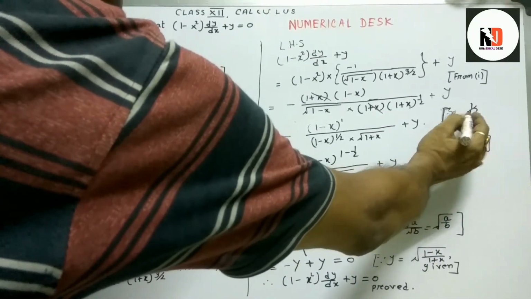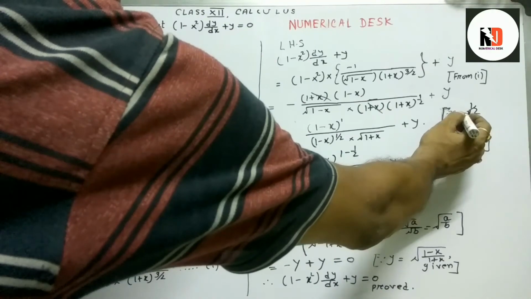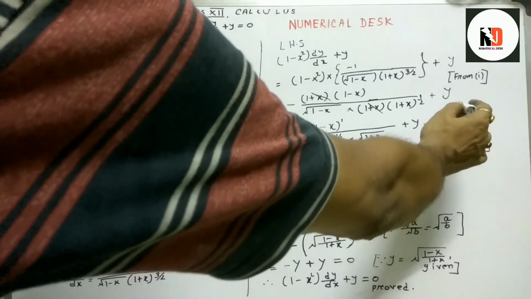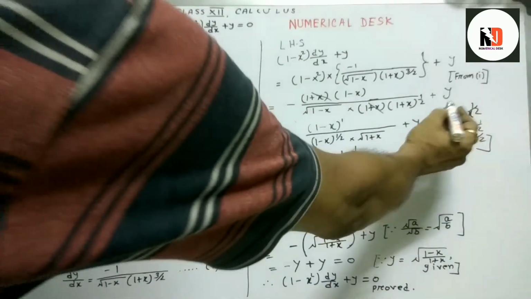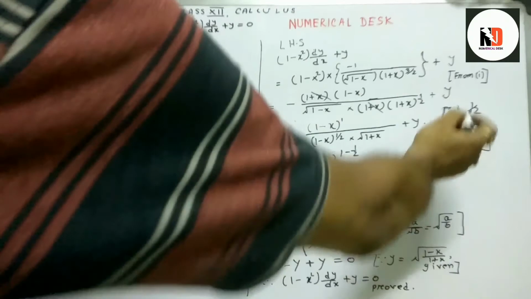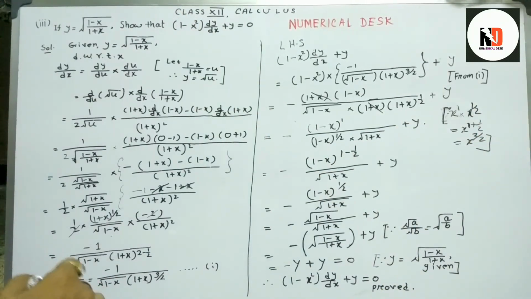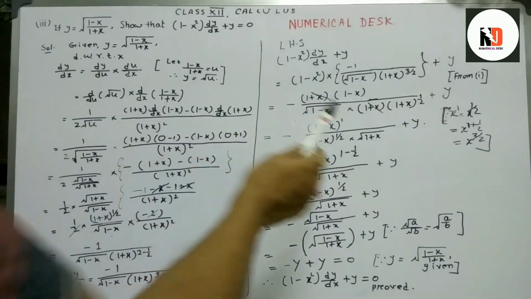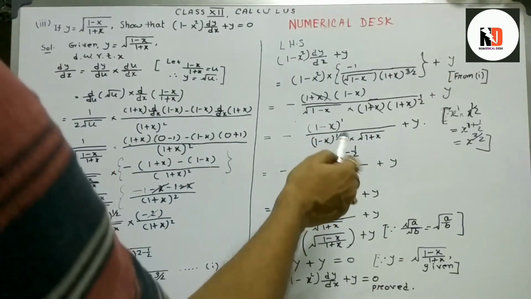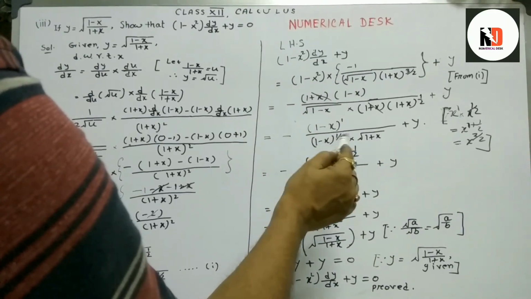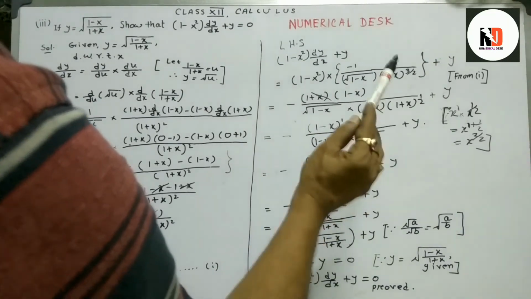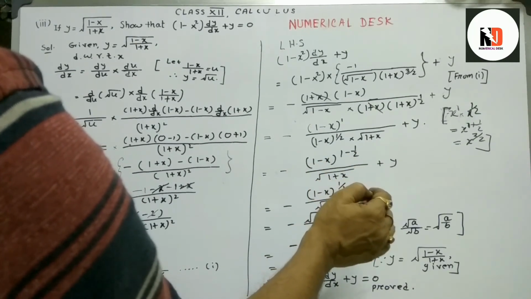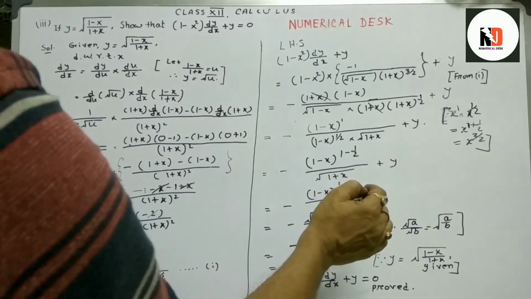This step in the denominator, the second term is 1 plus x to the power 3 by 2. So in the bracket, from right to left, x to the power 3 by 2 can be displayed as x into x to the power half. So this is done here. So here look carefully. So 1 minus x to the power 1 and 1 minus x to the half in the denominator, so it goes up and they are adjusted.